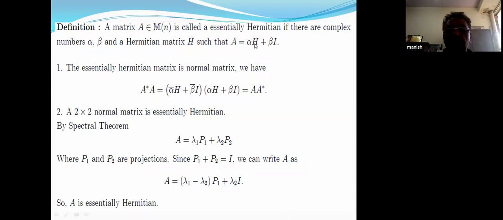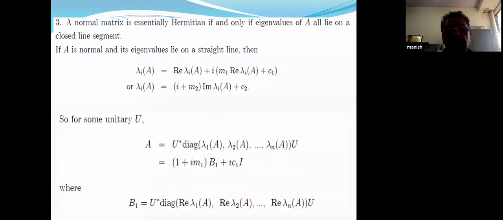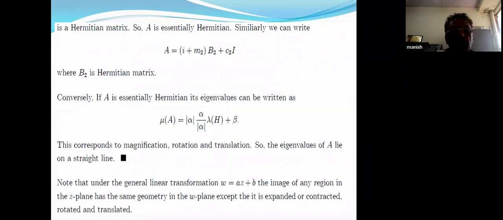This means that all the eigenvalues are rotated and contracted or expanded and then translated. So the real axis is translated to some other straight line. So if A is essentially Hermitian, then its eigenvalues are on a straight line. Also A must be normal.